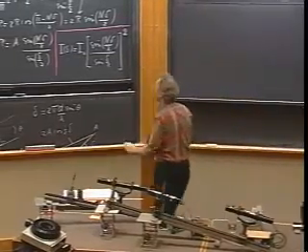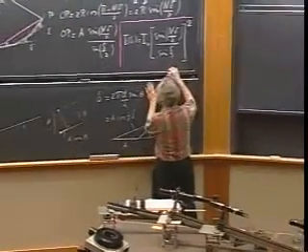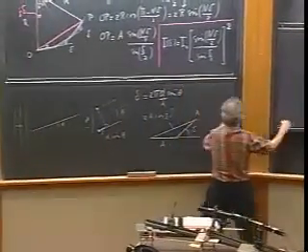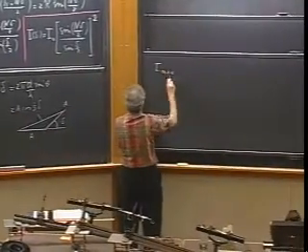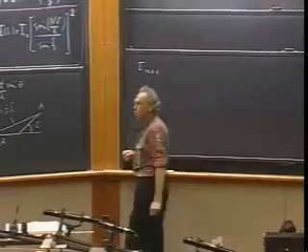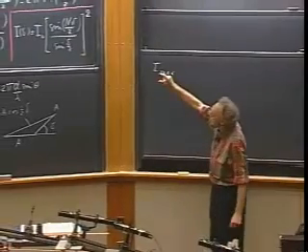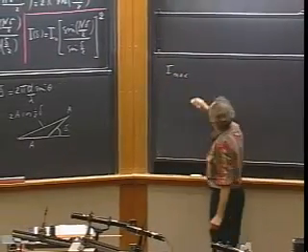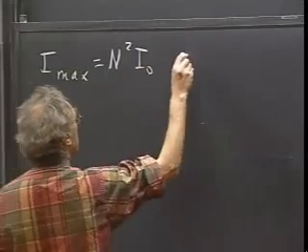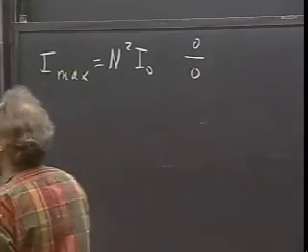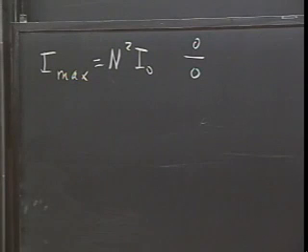And that ratio then becomes the maximum value possible. So I write that here. If you use L'Hopital, you will find that that ratio is n squared. And so this becomes n squared times I0. So that's the case when you get 0 divided by 0 in that equation.